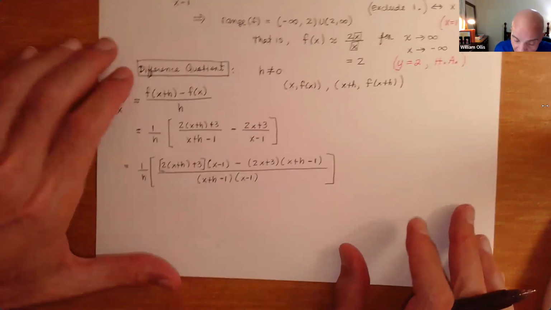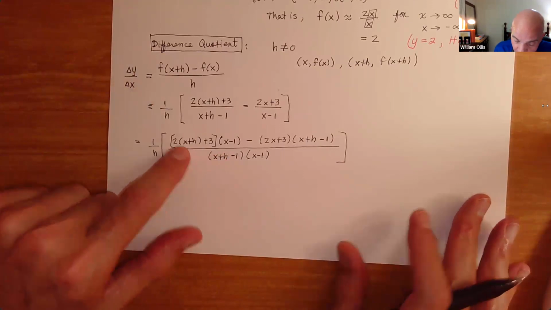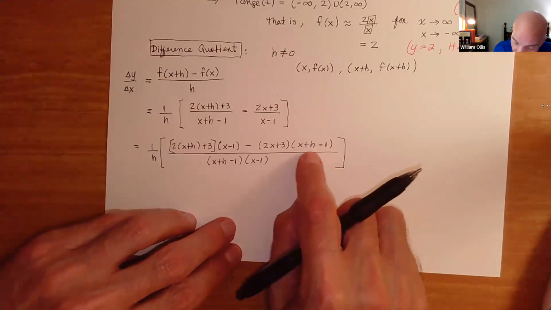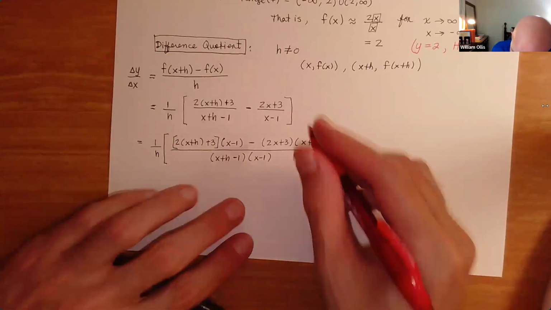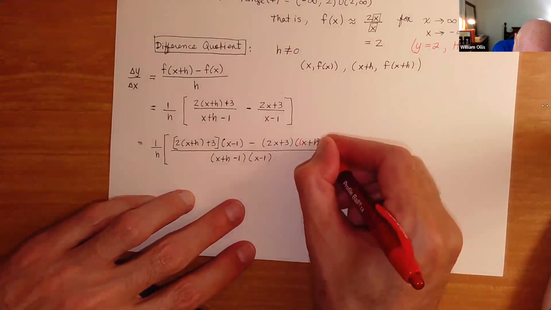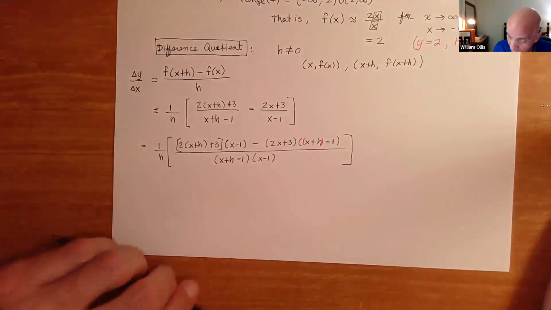Now, if you like to keep things simpler, you can just go ahead and think of this as one piece and that as one piece. And if you want to go over here, think of the x plus h as one piece and the minus 1 as another. So you can just put some simple parentheses right here to make that as one piece and then do additional algebra later.